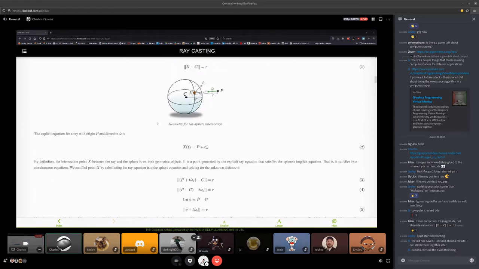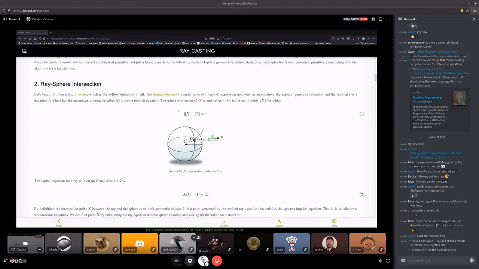I intuitively think when I see this that if you substitute a point in, subtract C, and if it's less than or equal to R, it is within the sphere. Therefore, you know it's intersecting.